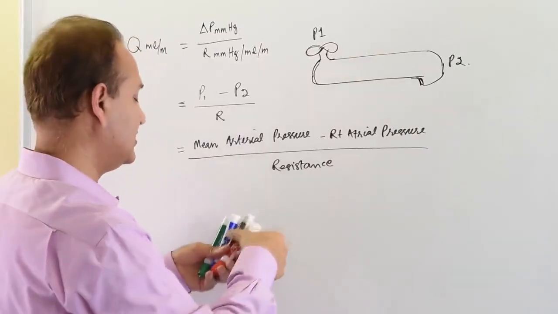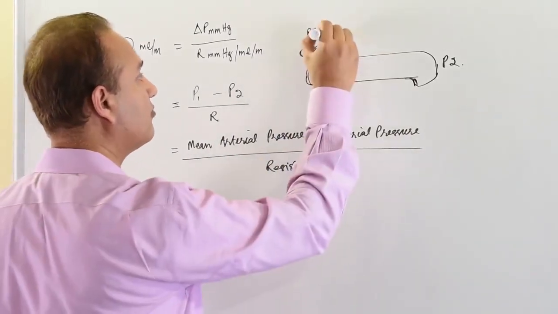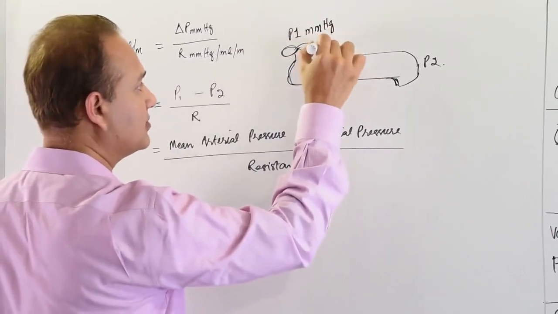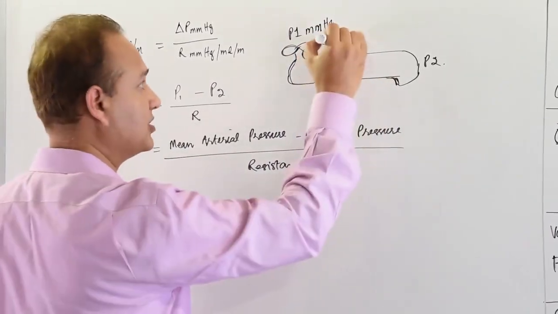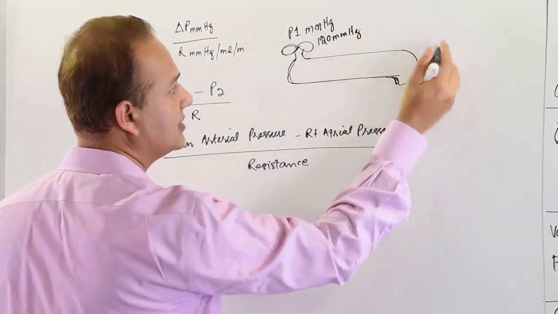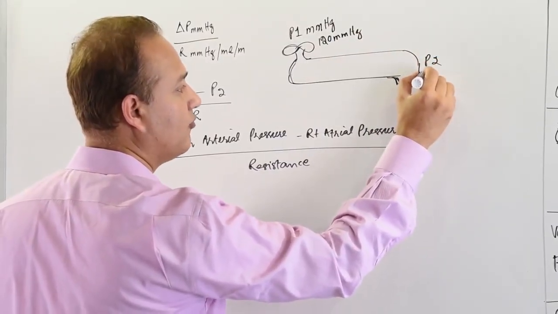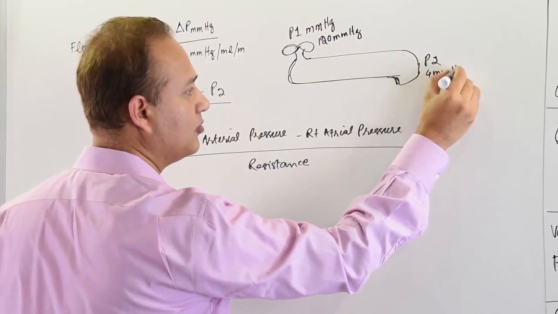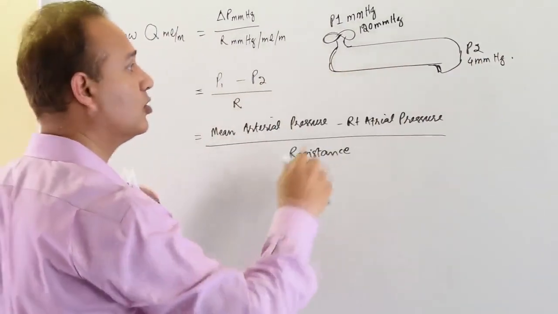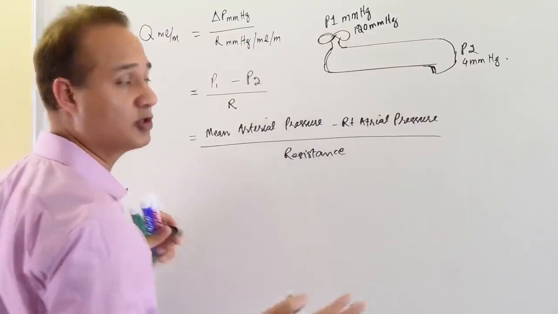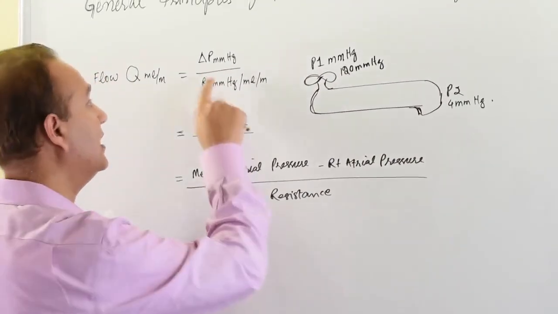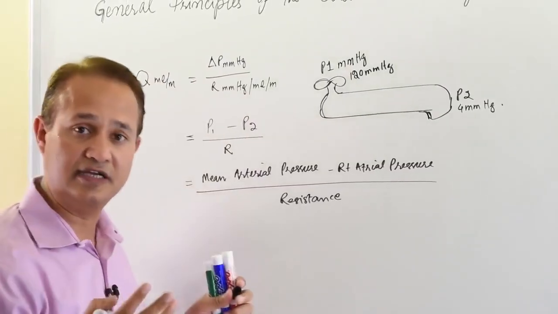So here, let's say this is P1 in millimeters of mercury, and let's call it 120 millimeters. That is equal to systolic blood pressure. And here P2, let's call it 4 millimeters of mercury, some venous pressure, right? So that is the pressure difference. So we have a lot of pressure difference. About 116 millimeters of mercury is the difference. That will be called delta P in this case, or the pressure gradient.